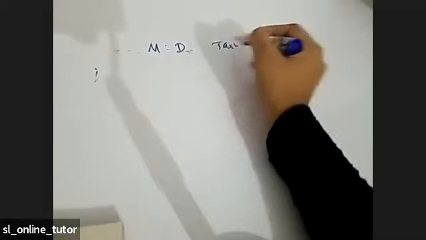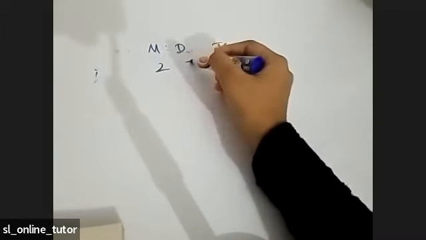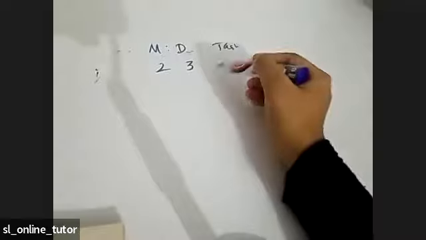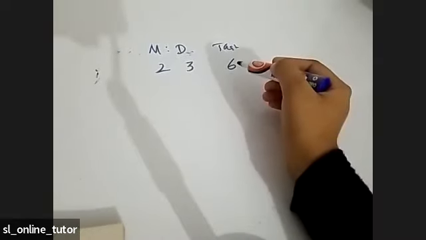Two men. Okay, look at the board. Man, days, task. 2 men, 3 days to paint a house. That means 6 is the task for one house.